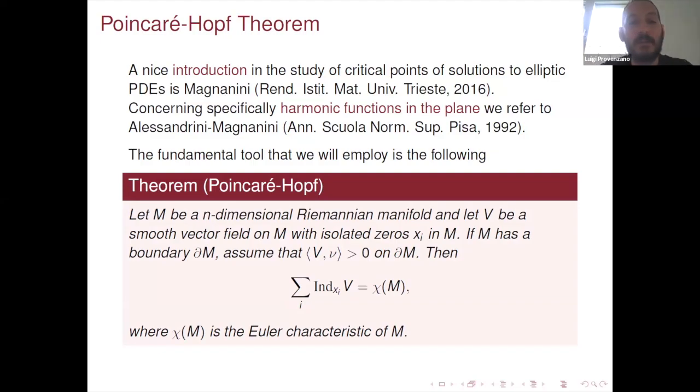Moreover, if the manifold has a boundary, we assume that the vector field is outward pointing on the boundary. Then the sum of the indexes of the zeros of the field does not depend on the vector field, it depends only on the topology of the manifold, and it is actually equal to the Euler characteristic of M. This is a classical result.